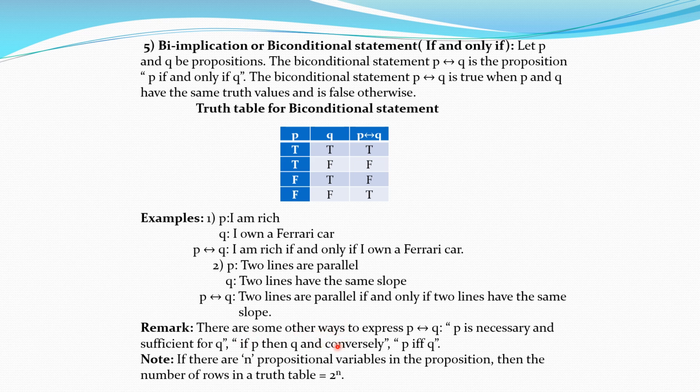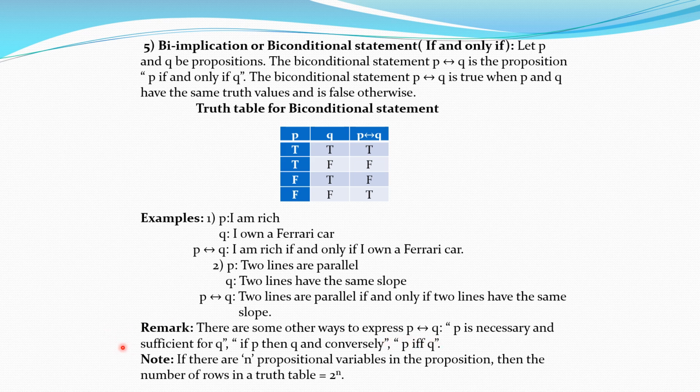One is P implication Q and another is Q implication P. Now P implication Q means P is sufficient for Q, and Q implication P means P is necessary for Q. So this statement can be written as P is necessary and sufficient for Q.